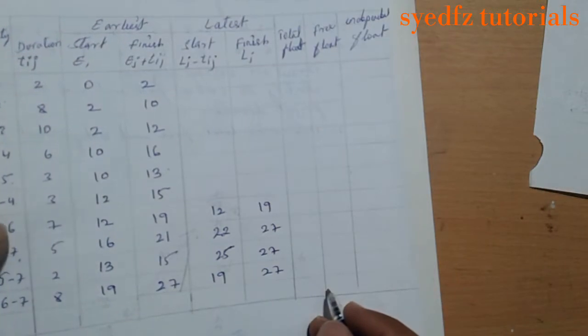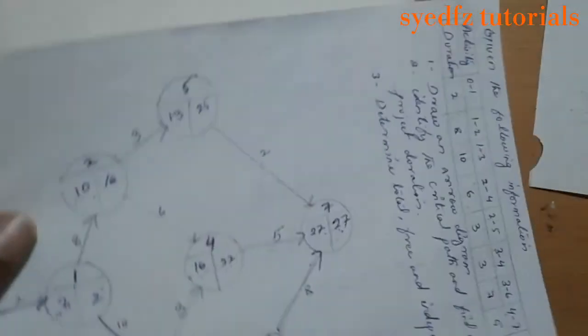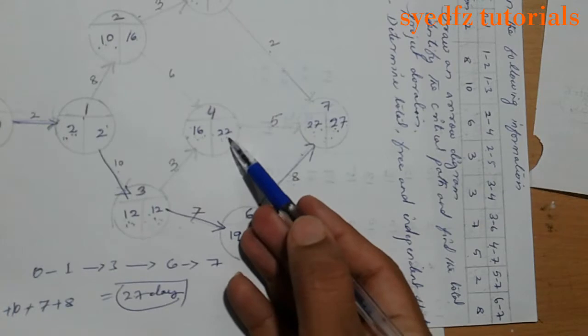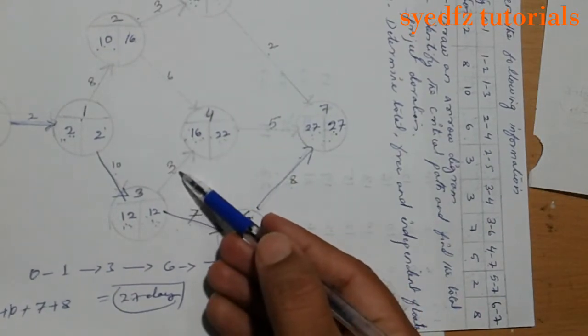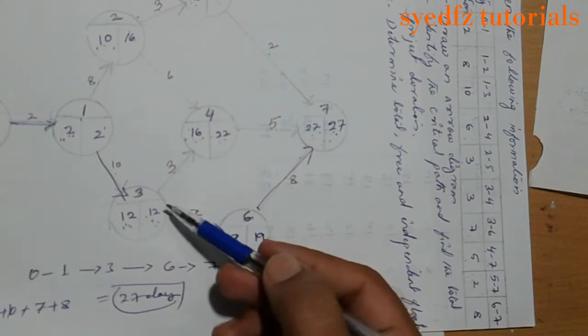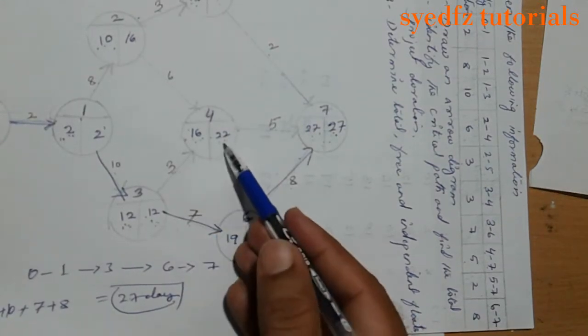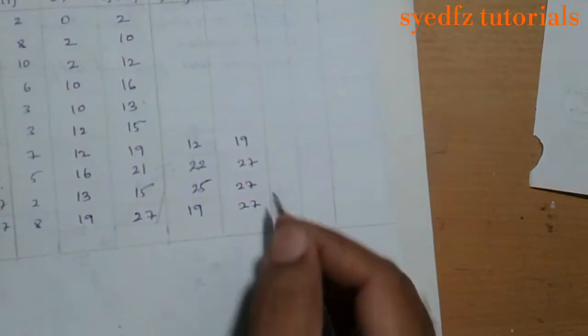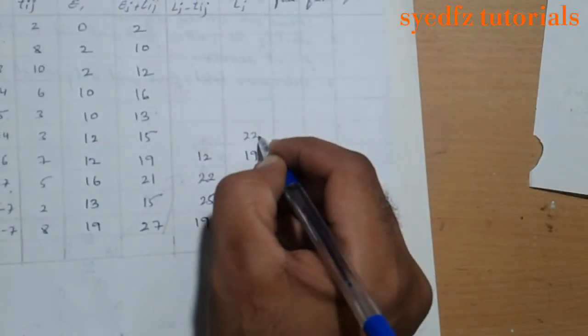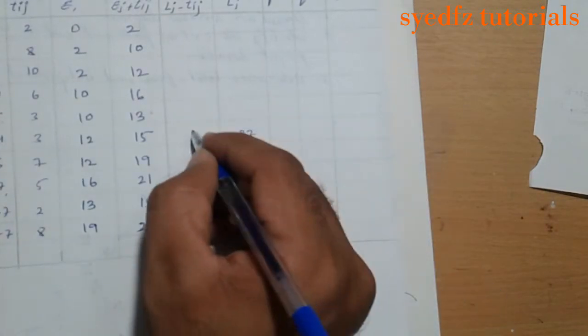Now go for 3 to 4. Here finish on 22, minus 3 we get 19. Don't take 12, because this 12 came from here. So 22 minus 3 is 19.